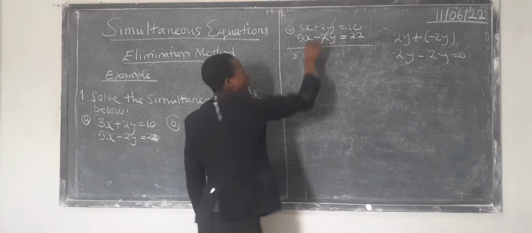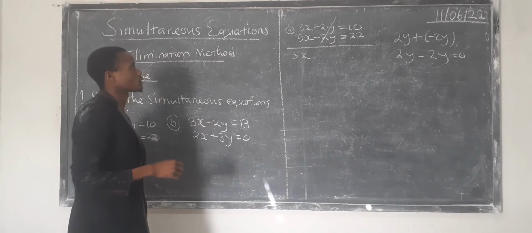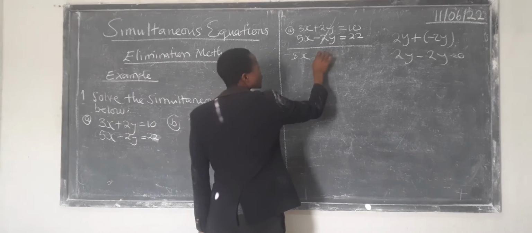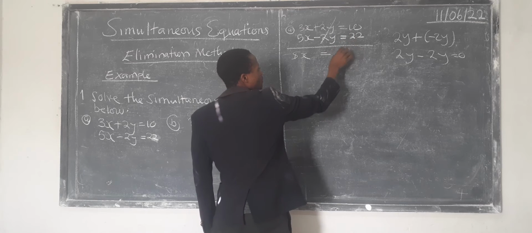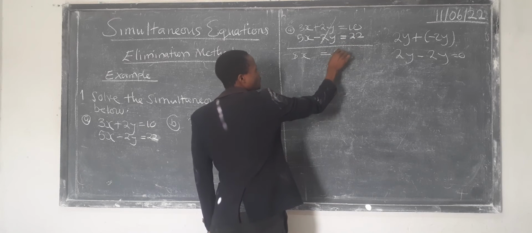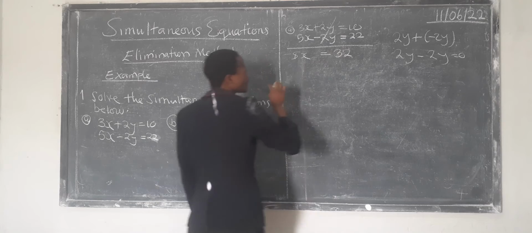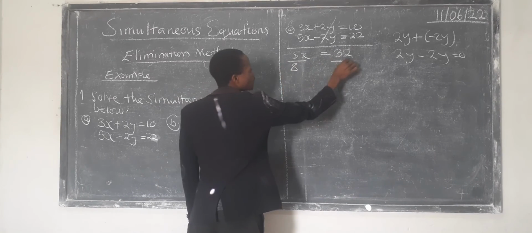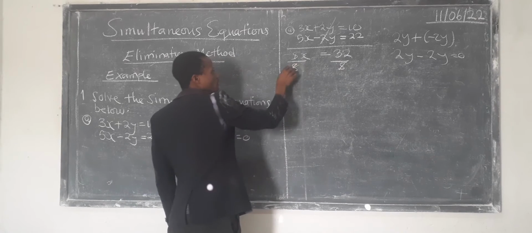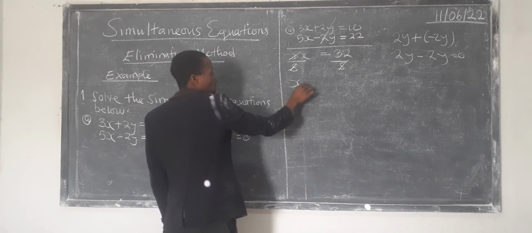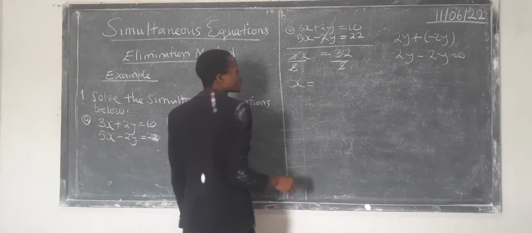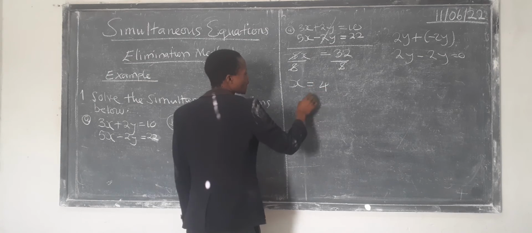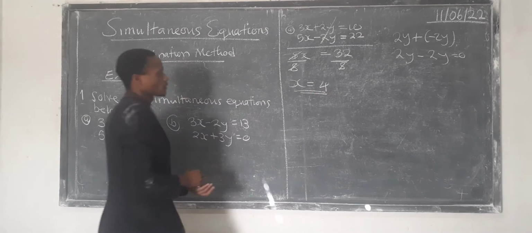So y is eliminated because it gives us 0, which is equal to 10 plus 22, which is 32. Now we want to find x, so we divide by 8. 8 into 8x, we have x, and 32 divided by 8 is 4. So x is equal to 4.